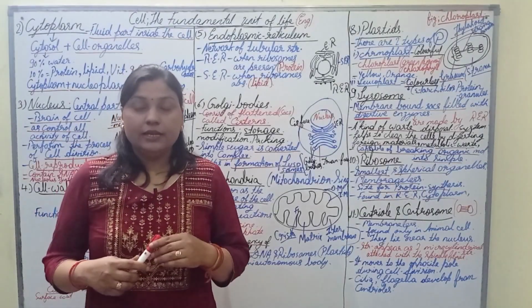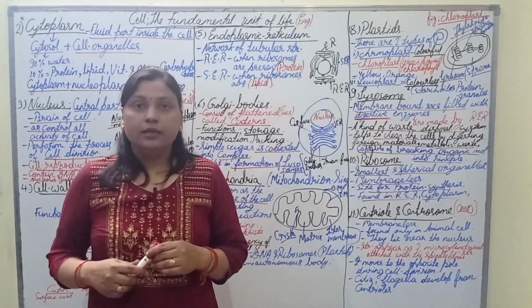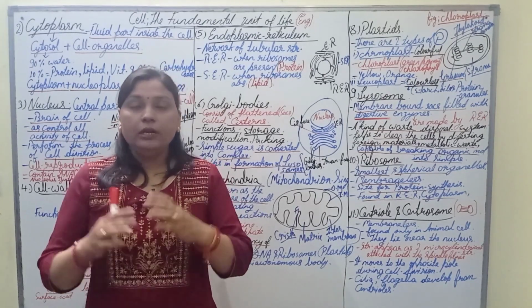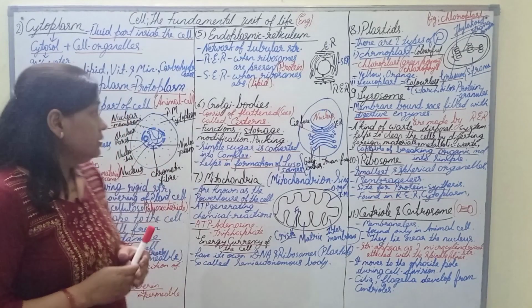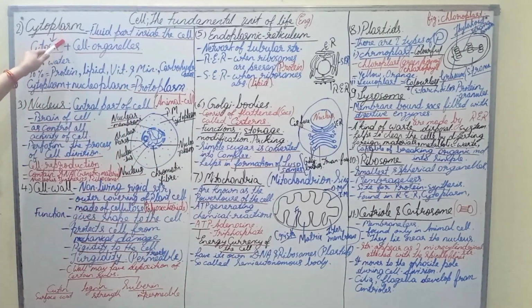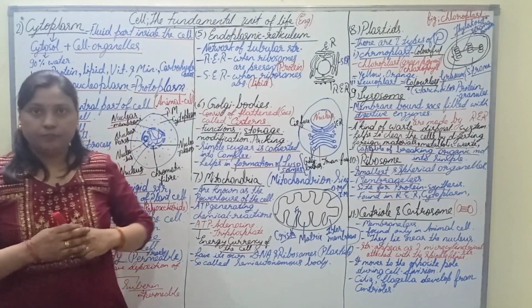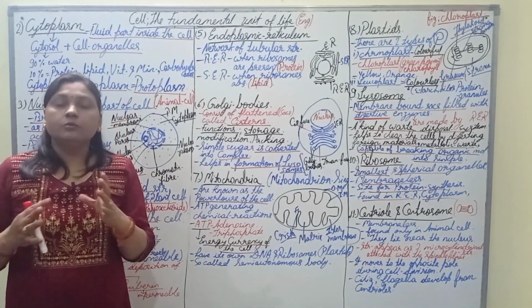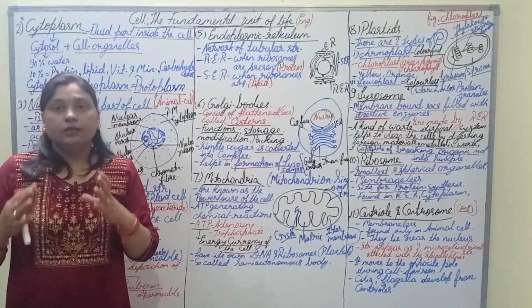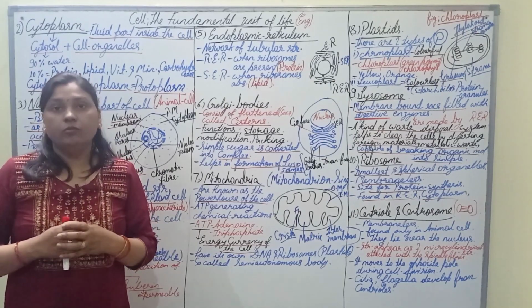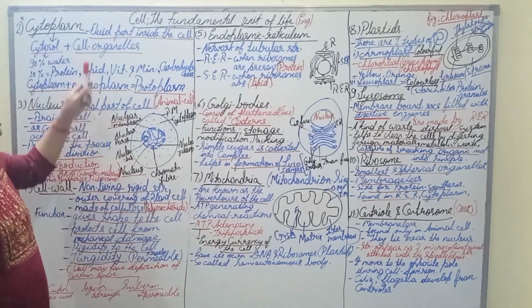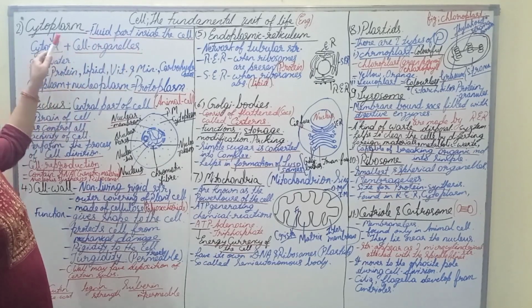So let us understand the second organelle that may be present in all types of cells, and this is cytoplasm. Cytoplasm is the fluid part present inside the cells. Whenever we observe the cell under a microscope, we find a fluid part inside the cell, and that fluid part is the cytoplasm.